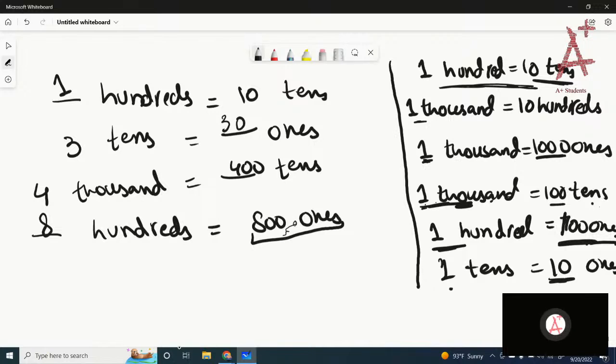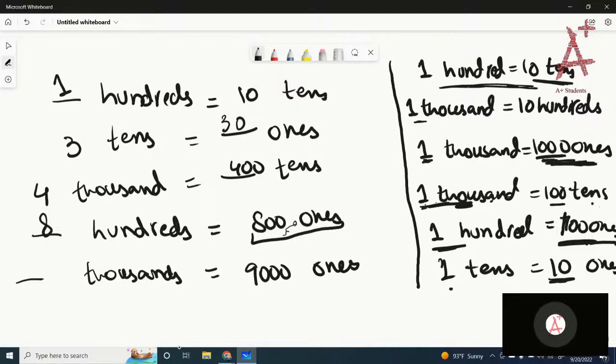Okay, the next one is how many thousands do you have in 9,000 ones? Okay, you can look here. When you have 1,000 ones, they make 1 thousand.